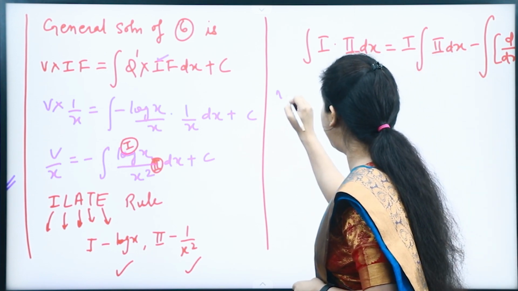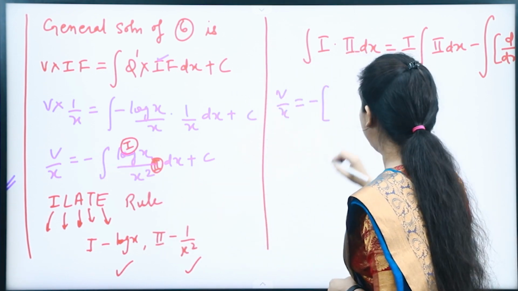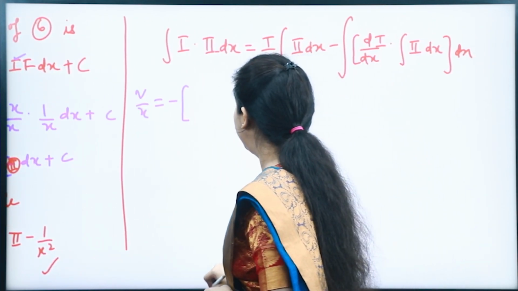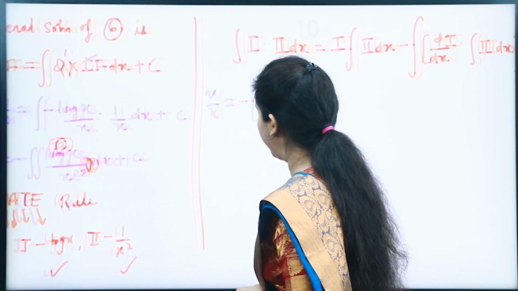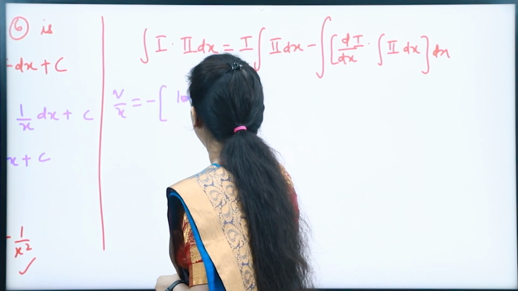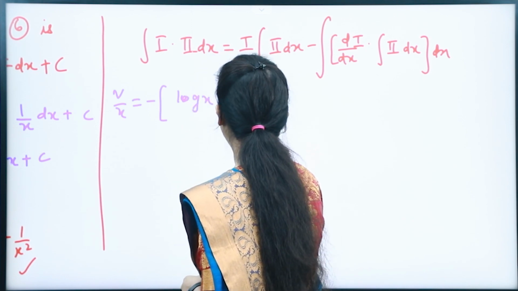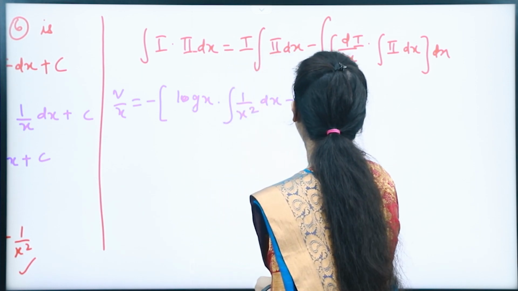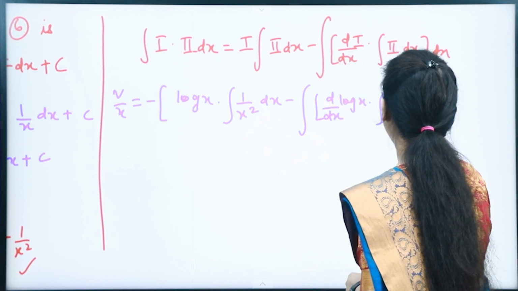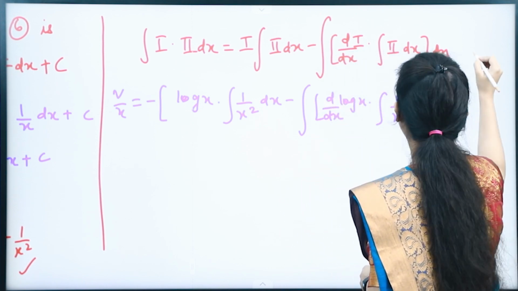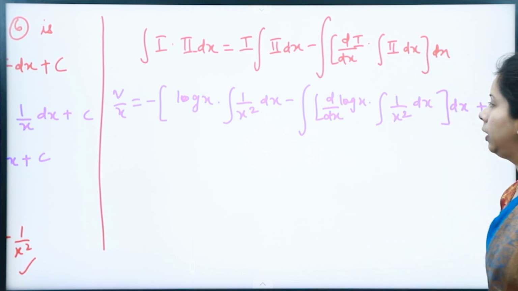So we will substitute the values in the right hand side. Here we will have v by x is equal to, we have a negative sign over here, minus of, using the formula, the first function, log x, multiplied by the integration of the second. So the integration of the second is 1 by x square dx, minus the whole integration of the differentiation of the first, that is 1 by x, multiplied by the integration of the second, 1 by x square, and we have a constant of integration c.